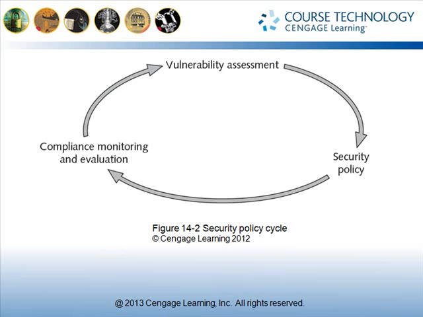A security policy is usually not just a document, but often is a series of documents that clearly define the defense mechanisms. And the final phase is to review the policy for compliance. We add new assets, we make changes, so we must continually monitor and evaluate. And as a result of the monitoring and evaluation, we again might identify a new risk, and so what happens? The policy cycle begins all over again.